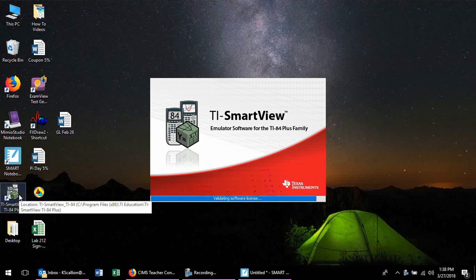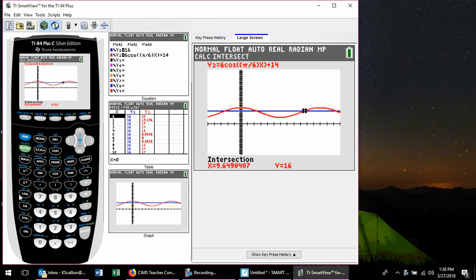So looking at this one, would I solve it algebraically or intersect? I would do intersections because... yeah, I can input it on the calculator, but I can find intercepts on this too.